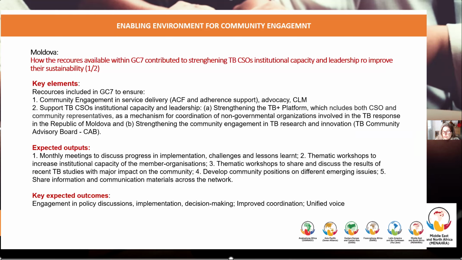From the other side, we saw that this is not enough, because to engage people in decision making and policy making in implementation discussion, we need to have a genuine budget line to ensure that we are focusing on the capacity and leadership of communities, and therefore we developed a proposal which was focused on two streamlines dedicated to strengthen the TB platform.